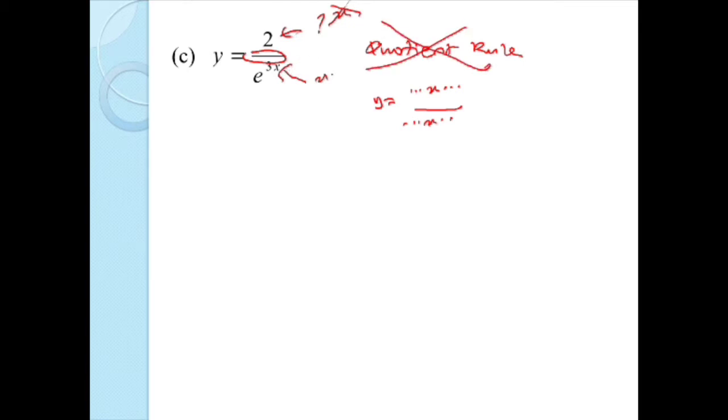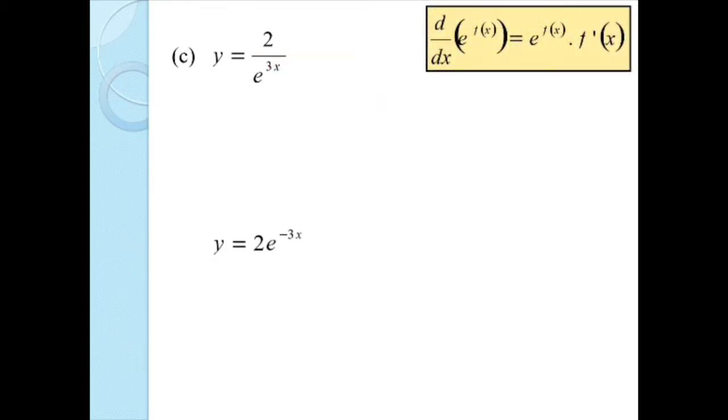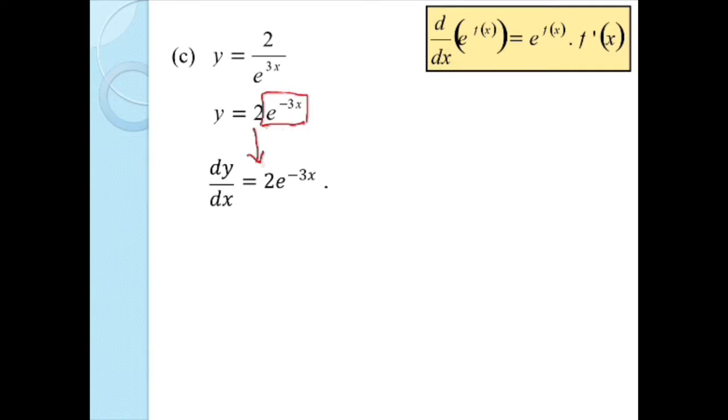So what to do next? The trick here is, you can bring e above. So when you bring e on top as the numerator, the power will be negative. It's easier to solve than if you use quotient rule. So how to differentiate this? 2 is a scalar, so just leave it in front, and then this is the exponential term.